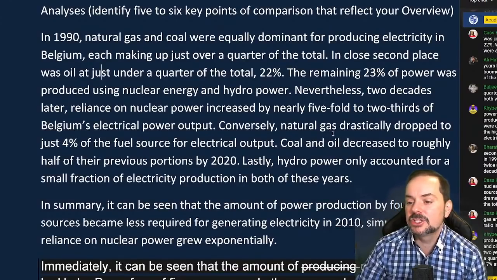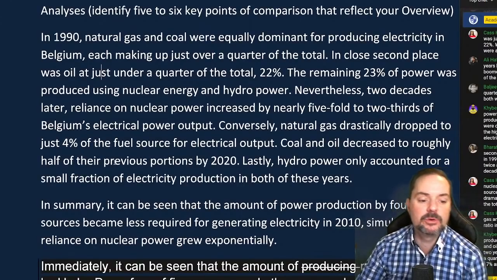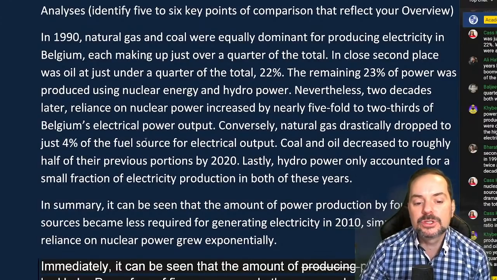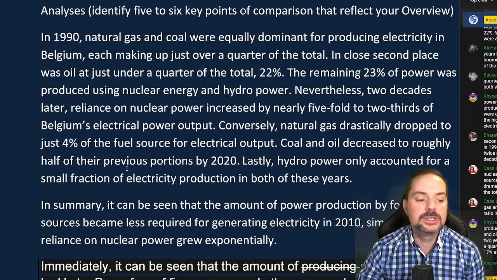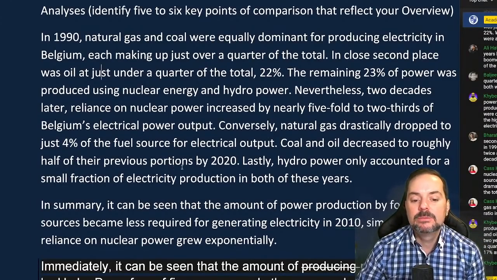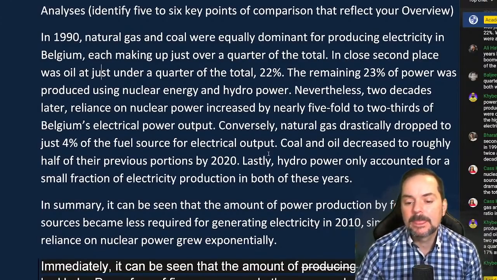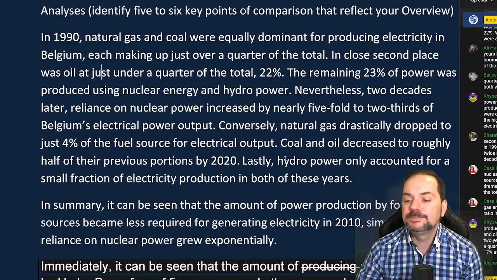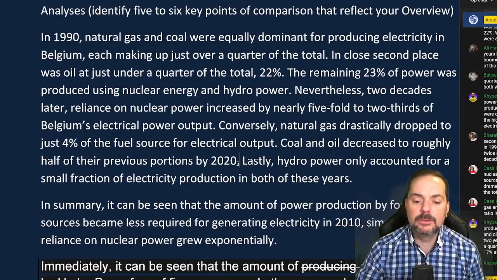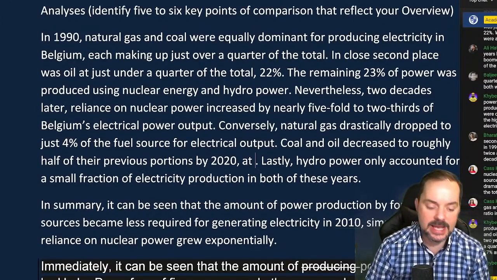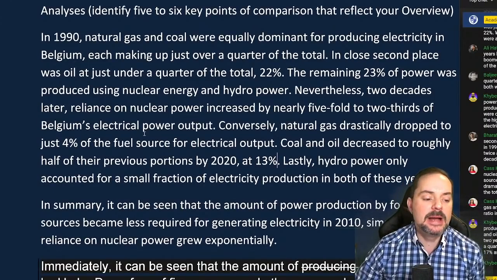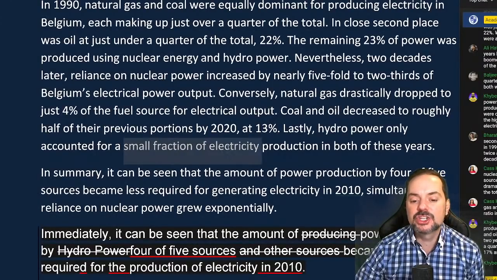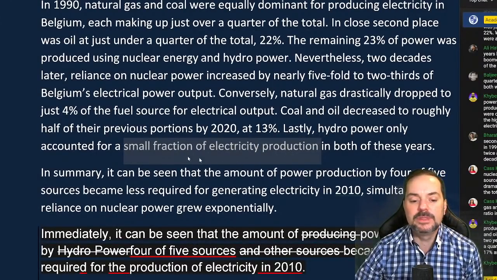Conversely, natural gas drastically dropped to just 4% of the fuel source for electrical output. Coal and oil decreased to roughly half of their previous portions by 2010. Lastly, hydropower, and if I want to be specific here, I might include 13%, okay? A little bit clearer. Lastly, hydropower only accounted for a small fraction of electricity production in both of these years.